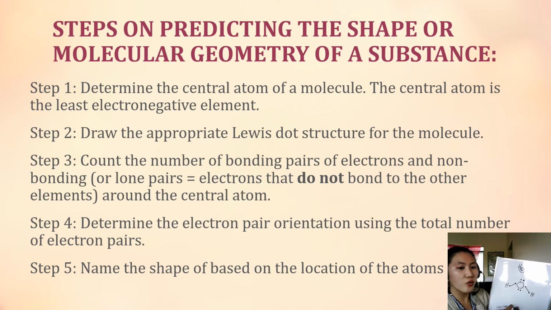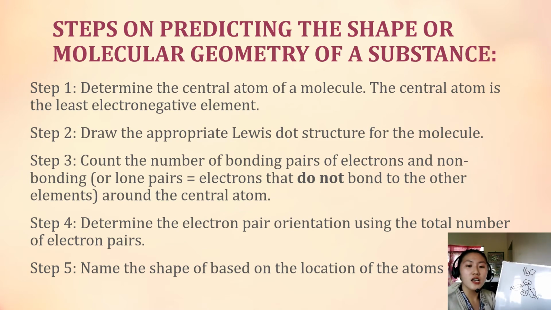Okay? So, this one is what we call the bonding pairs. Okay? And this one na walang kapares is what we call the lone pairs. So, bonding pairs are the pairs that bond to the other element. So, since ito hindi naman nakabond sa other element, hindi siya nakabond sa hydrogen, this means itong dalawang to are lone pairs.